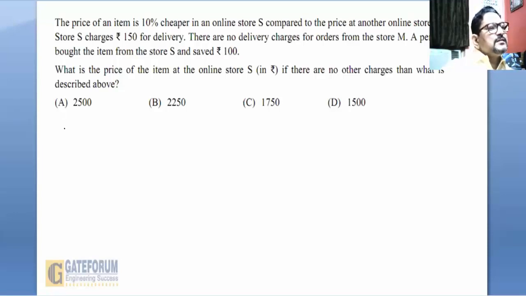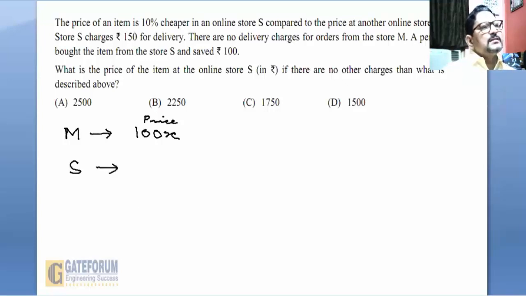Suppose there is a store M, and let us suppose that the price of the item at M is 100x. Then what is the price at store S? 90% of 100x, because it is 10% cheaper, which is 90x. So that is the price.